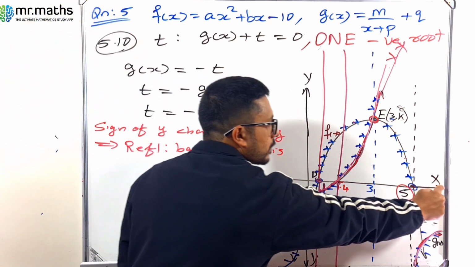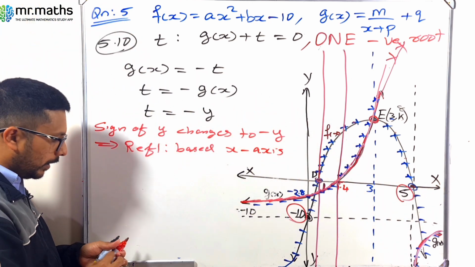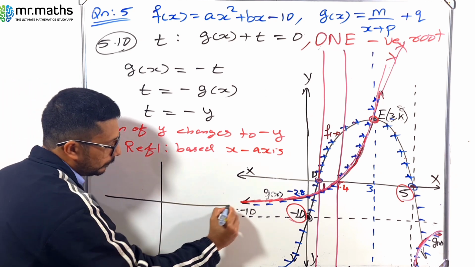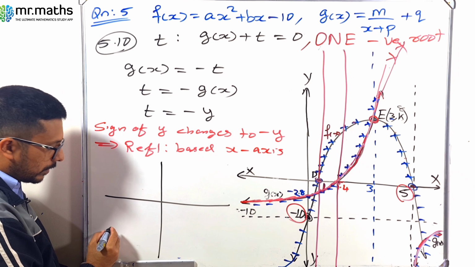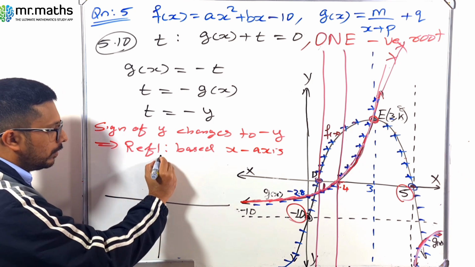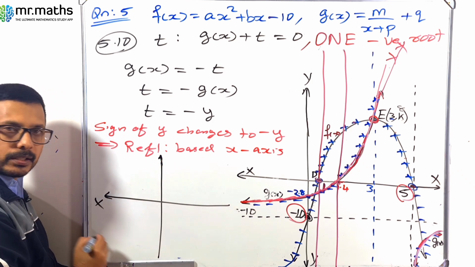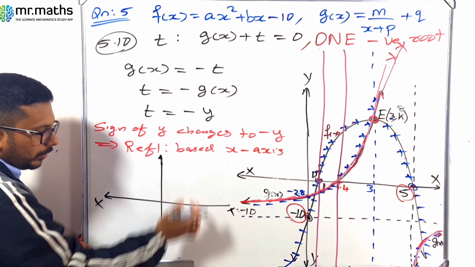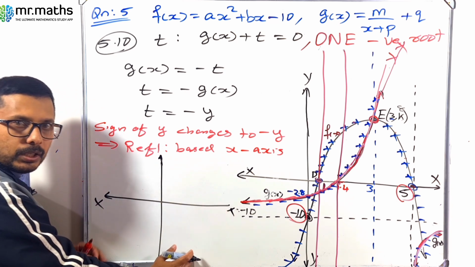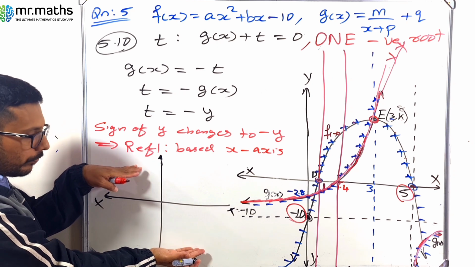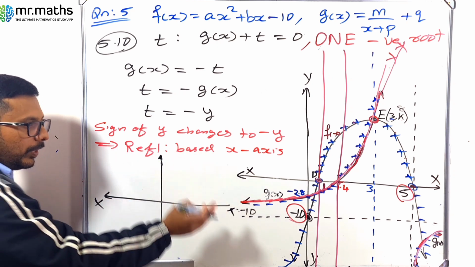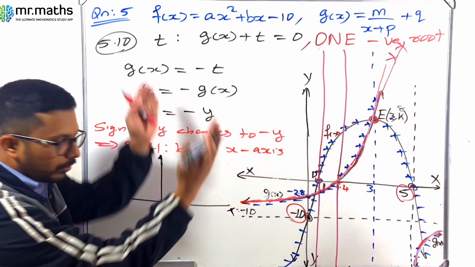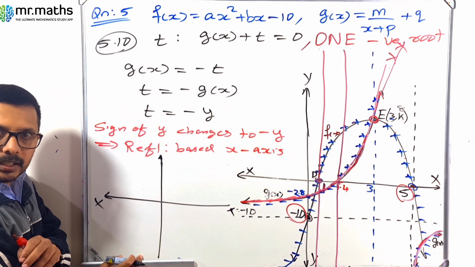This is the x-axis. Let me draw that graph here once more. Now the graph is here. When it is reflecting based on the x-axis, this part will come here and this will go upside down like here.